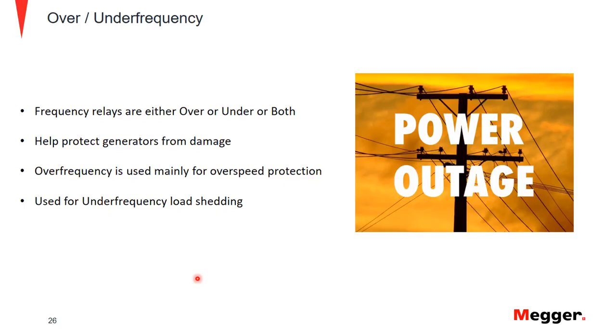But the overloads can plunge the system into a total shutdown as well. Over frequency is mainly used for overspeed protection. And the under frequencies can be used for multiple items.